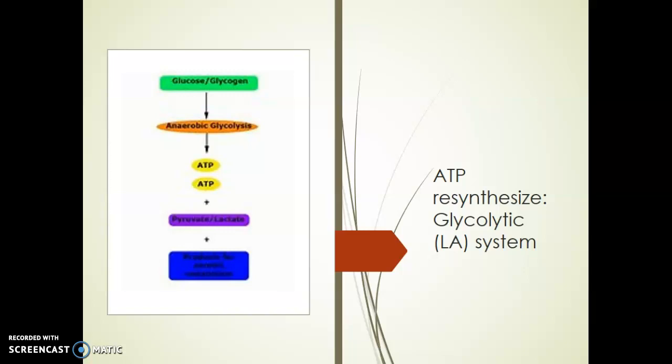Unlike pyruvic acid, lactic acid is a strong acid that can cause discomfort such as fatigue. That is why the more you exercise without oxygen, the more energy you would need for your muscles, meaning the glycolytic system will be used more, which creates lactic acid. This system is very good for around 2 to 3 minutes at maximum intensity, or submaximum intensity, or any intensity.